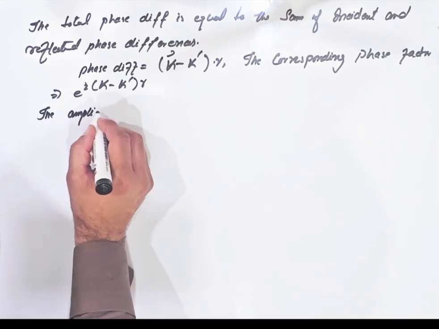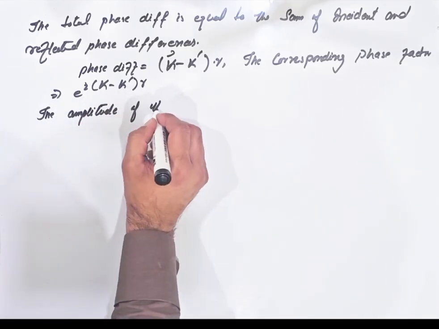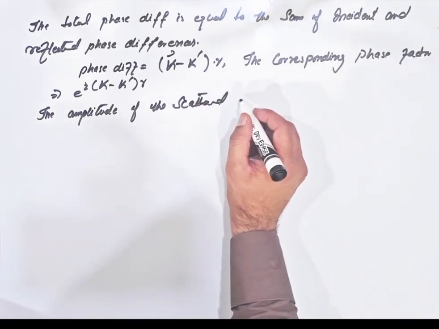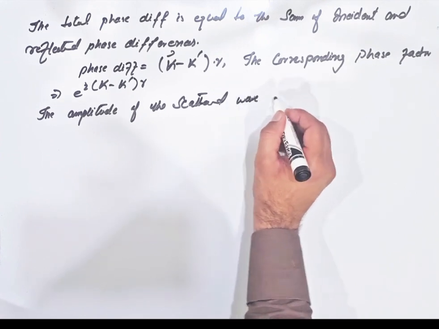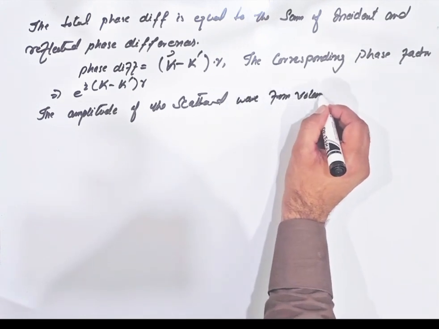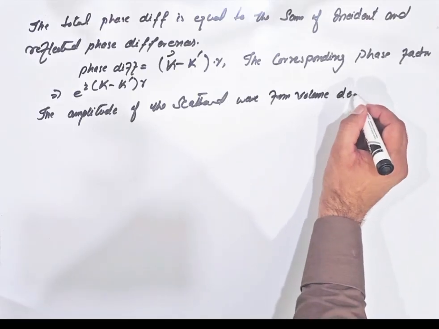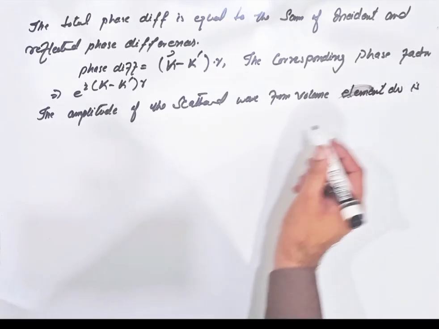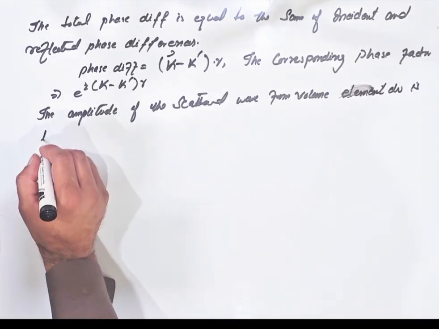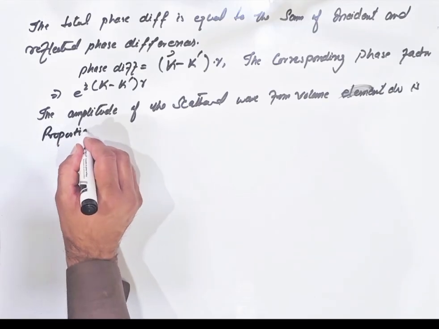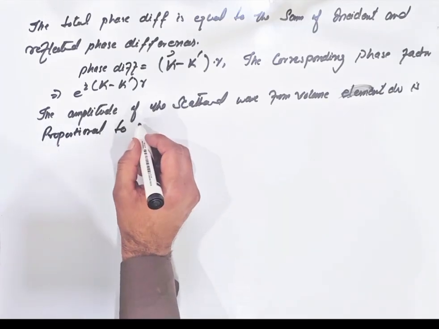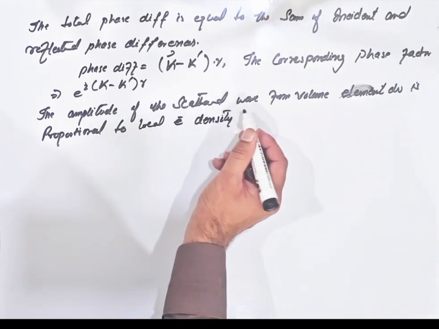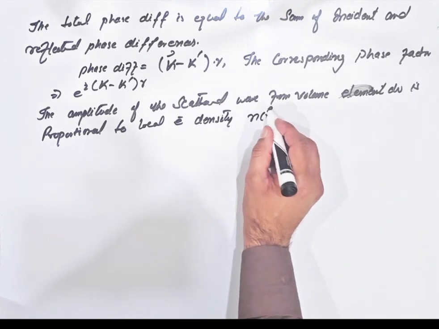The amplitude of the scattered wave from volume element dV is proportional to local electron density n(r).